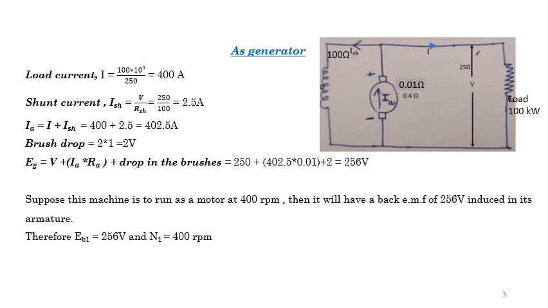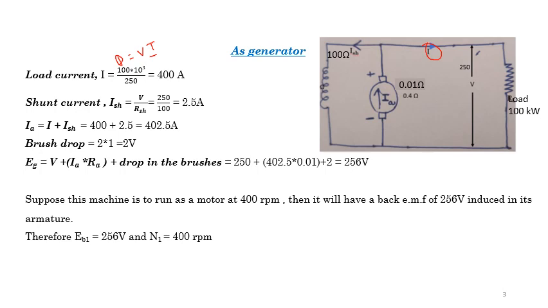So according to that, load current is given by I is equal to 100 kilowatt divided by 250. This is nothing but using P is equal to VI. Now I want to find out what this current I is.